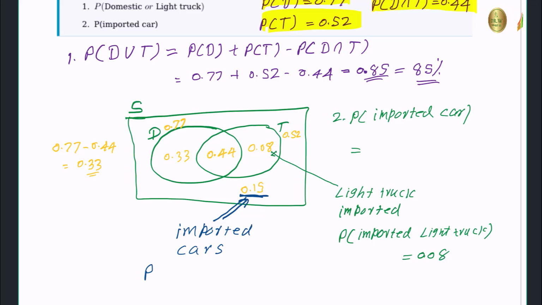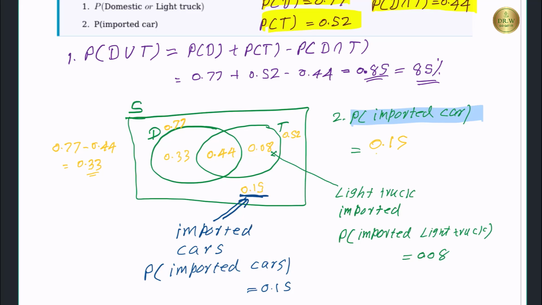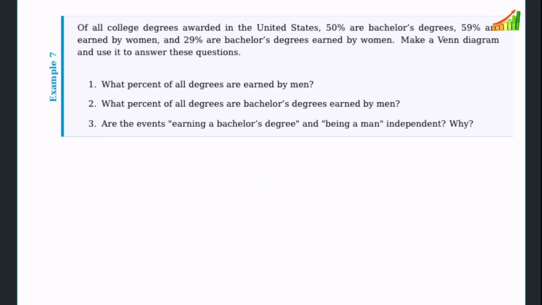Therefore, what is that probability? That number is the probability of imported cars. That is 0.15. Now go to the number 2. It's asking probability of imported car. You already have the answer. What is that? 0.15.